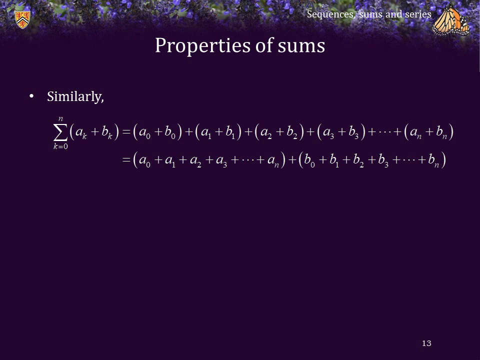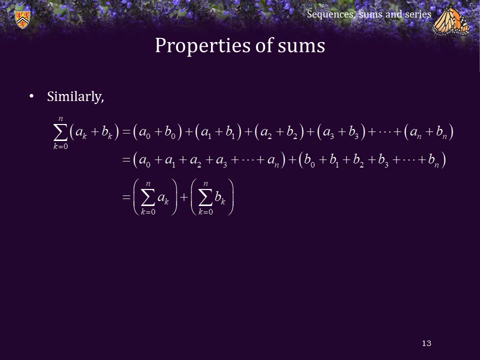And is not the first sum just the sum of the a sub k's, k going from 0 to n? Yes, it is. Is not the second sum the sum of the b sub k's, k going from 0 to n? So yes, the sum of a sum of two terms is the sum of each of those terms.